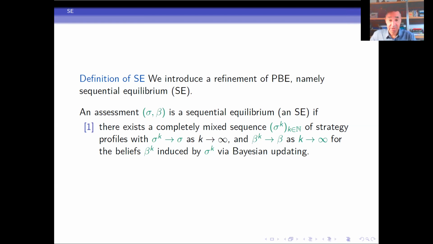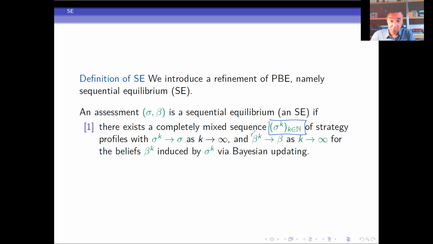If you want to check whether sigma, beta is sequential, you have to be able to construct a completely mixed sequence sigma k over here. And completely mixed means that every action in every information set is chosen with strictly positive probability. So you do play all your actions with a non-zero probability.